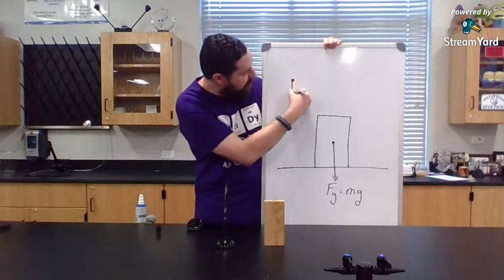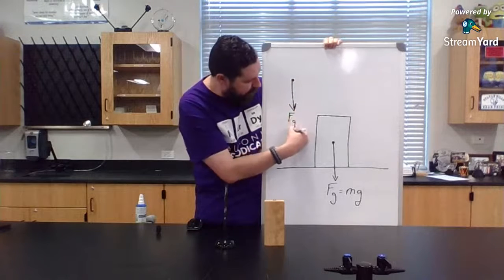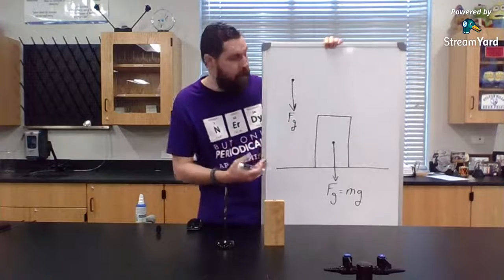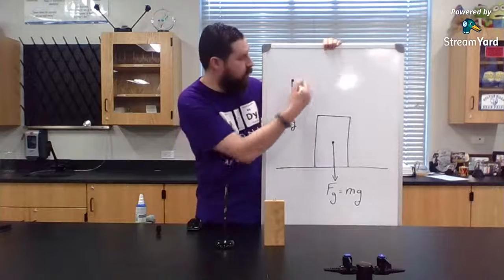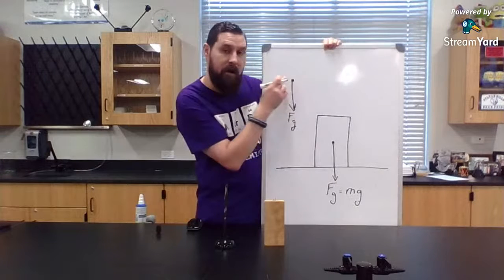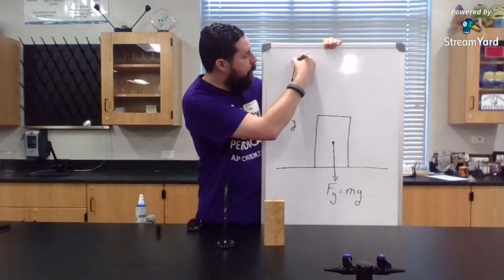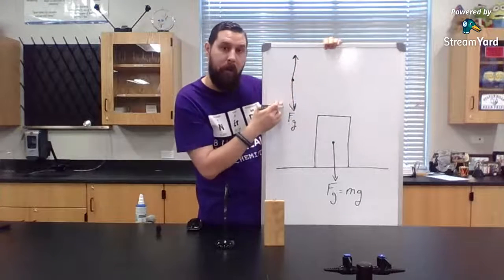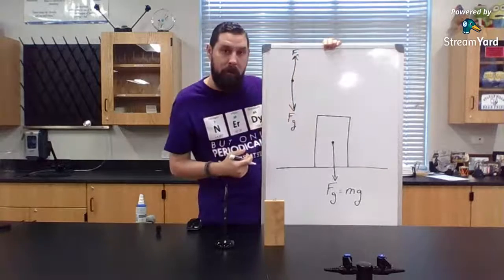And then we'd have an arrow downwards, and that would be our force of gravity, or mg. Then to show that upwards force, or the force normal, we would draw an arrow, again, originating from that point mass, or the center of mass, pointing upwards. That is equal but opposite, and that would be our force normal.